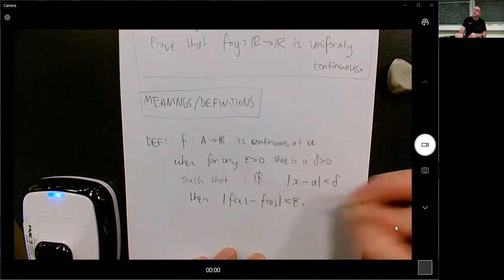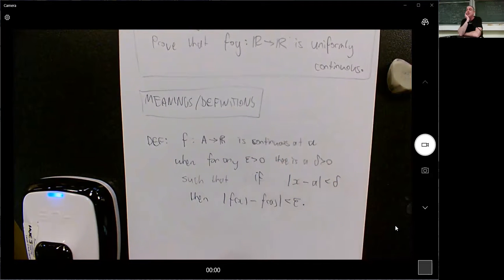Does that sound right for the definition of being continuous at a particular point? Feels like it should have an epsilon and a delta in it.